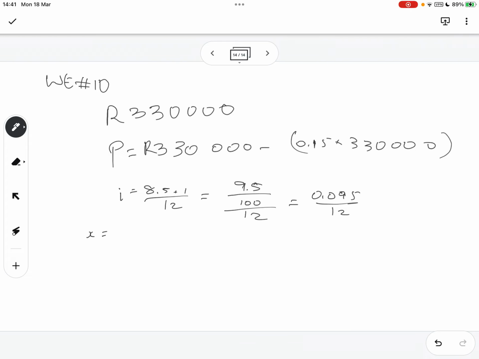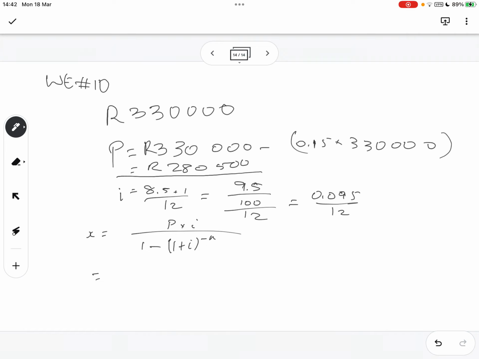Alright. So we must find monthly payments, which is 1 minus 1 plus i to the power negative n, and so then this is how much? 280,500.